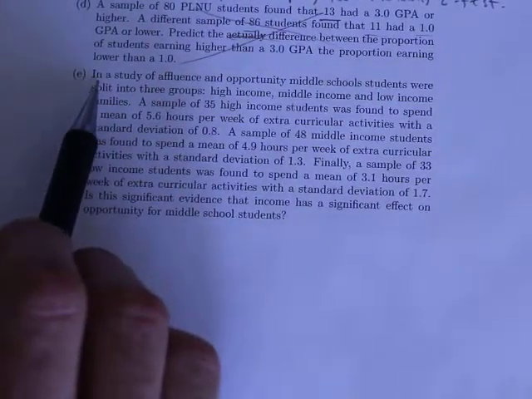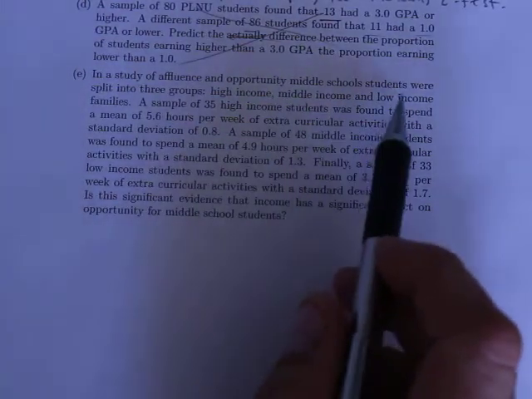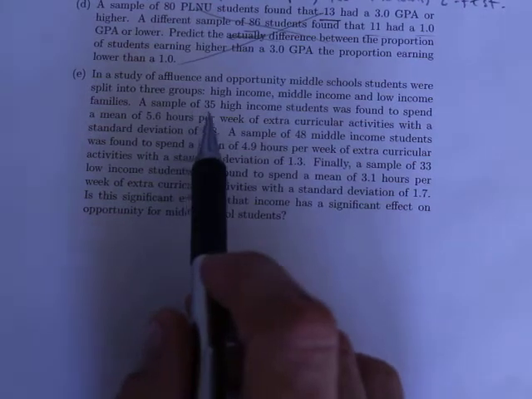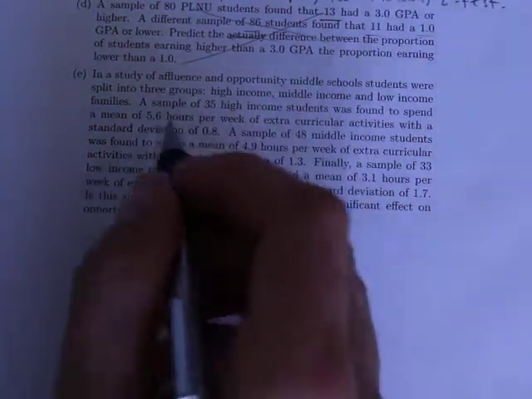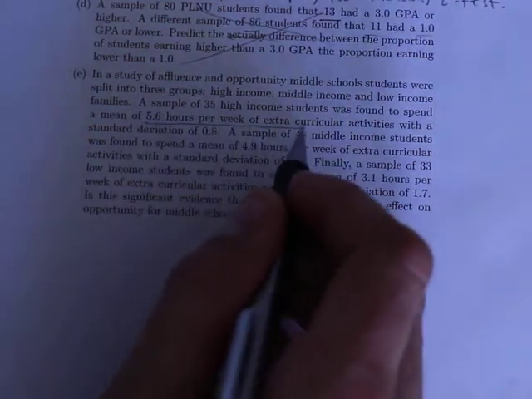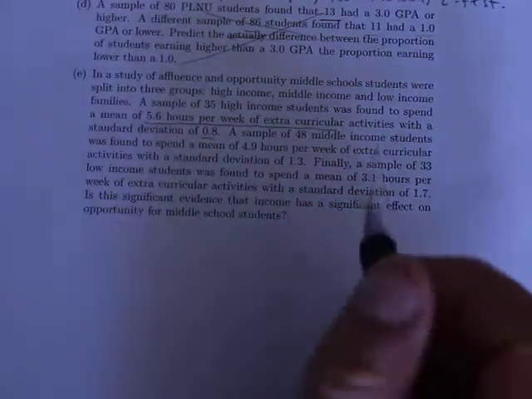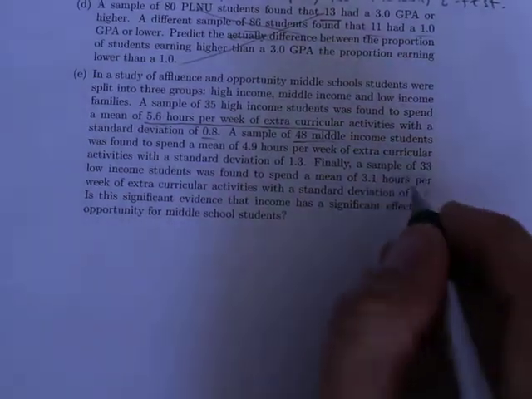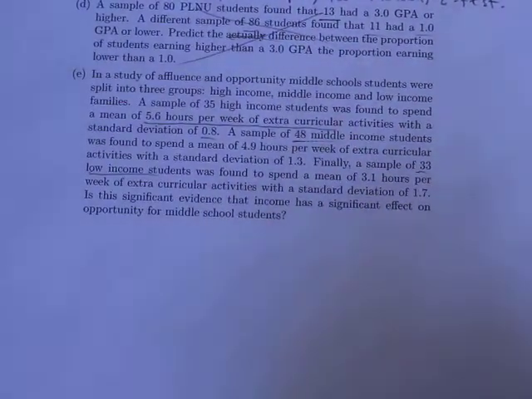Anyway, on to E. In a study of affluence and opportunity, middle school students were split into three groups: high income, middle income, and low income. A sample of 35 high-income students spend a mean of 5.6 hours a week on extracurriculars with standard deviation of 0.8. Then there's a sample of 48 middle income and a sample of 33 low income.